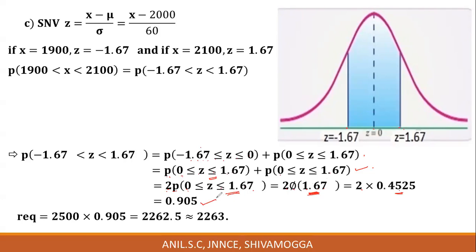This is the probability for any bulb to last for more than 1900 hours and less than 2100 hours. Totally there are 2500 such bulbs. Therefore, multiply this quantity by 2500. You get 2500 into 0.905, which is equal to 2262.5, which can be approximated to 2263.